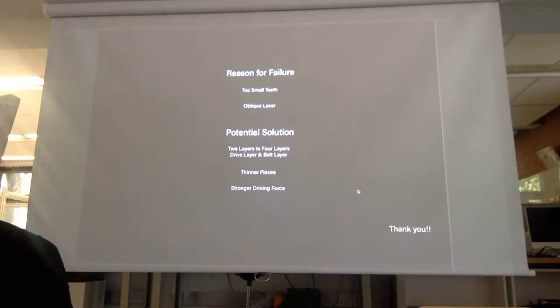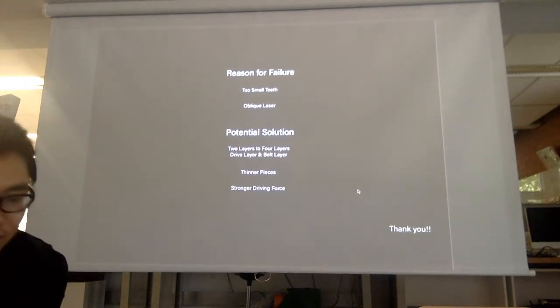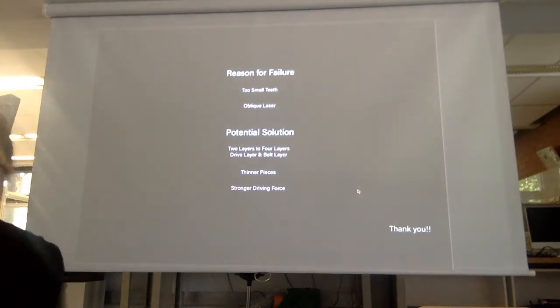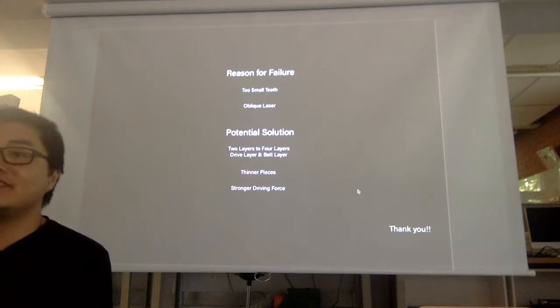Another solution may be thinner pieces of the gears, because with thinner pieces the laser will cut better. The final solution may be a stronger driving force. I think the motors may not be strong enough to drive two layers. Maybe stronger ones in the future. Okay, thank you everyone.